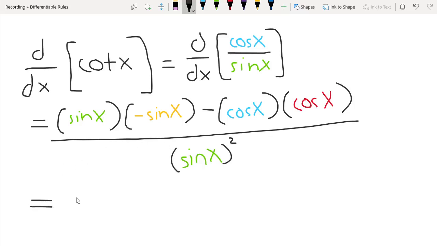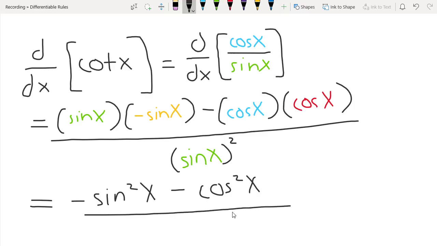So we can simplify this to be negative sine squared of x minus cosine squared of x over sine squared of x.